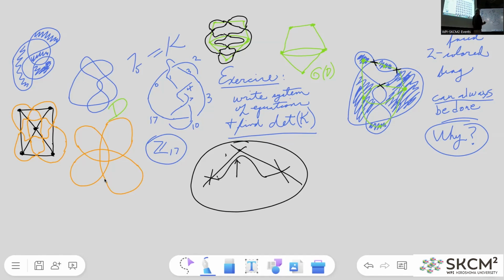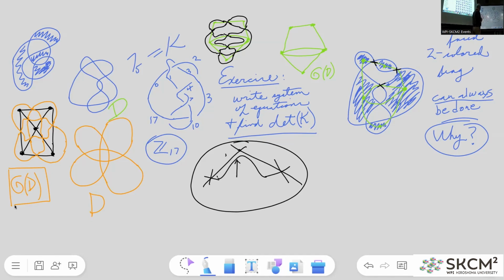And mathematically, that means that we have the diagram and we have the graph of the diagram. And shouldn't there be topological information about the knot in the graph of the diagram? Well, sometimes there is. So it's a good thing to be able to go back and forth between one language and the other: the language of graphs, in this sense planar graphs, and the language of the knot diagrams.